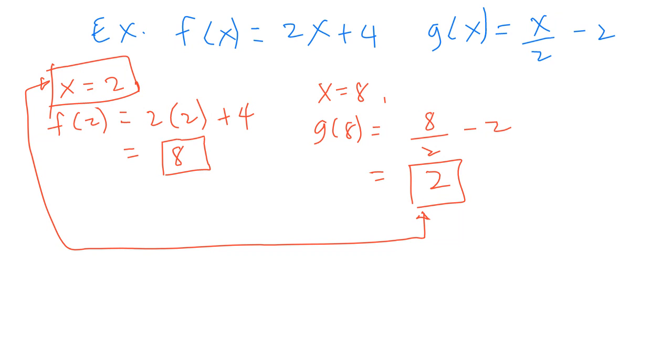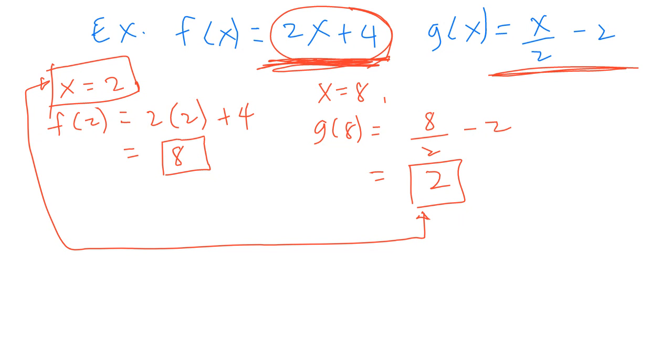Another way to know if they are inverses also is to use a graph. So if you're using a graph here, if you're looking at this equation, that's a line, and this is a line also. So this line here, the reflection of this would be this.